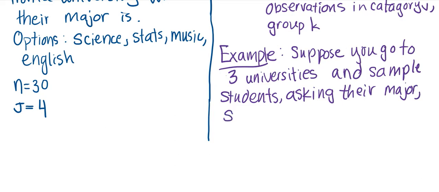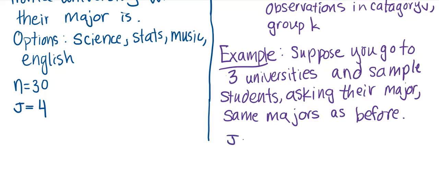Same majors as before. Now, J is still equal to 4. K is now the number of groups that we have, that would be universities. And now we have a lowercase n_k for each university, so the number sampled at each university.